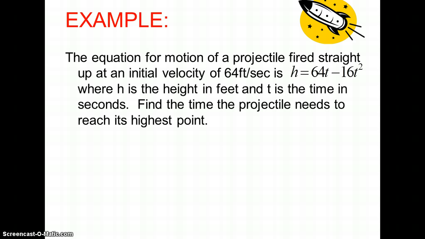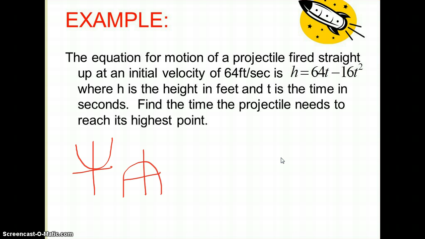Okay, so one last example that I want to show you is where I have a quadratic equation and they talk about finding the highest point or a maximum or a minimum. Now on a parabola, you think about it, you've got 2 options, right? A parabola is either going to open up like this or down like this.